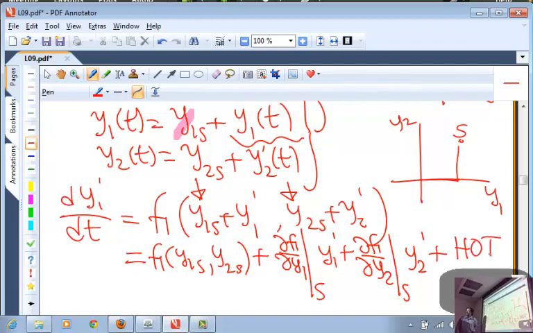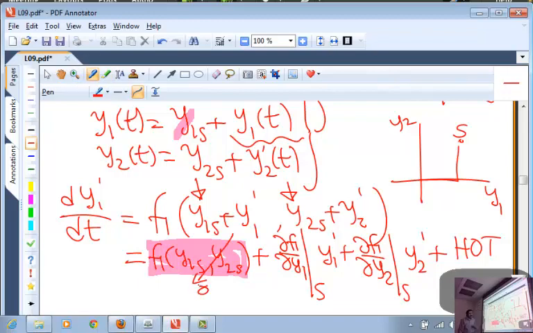Okay, but what is the first term by definition? It is 0. Why is it 0? Because y1s and y2s make that function equal to 0. Okay, that is the steady state. Okay, so this function is equal to 0.